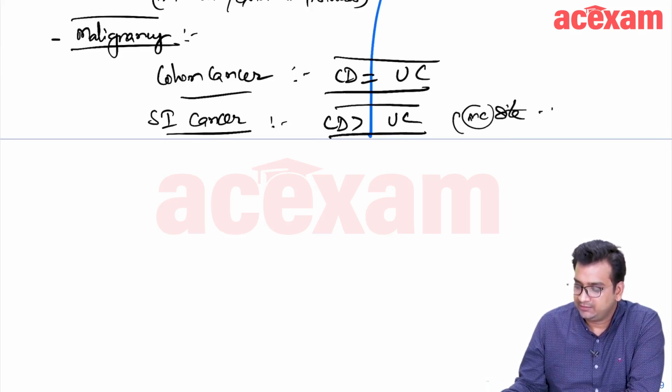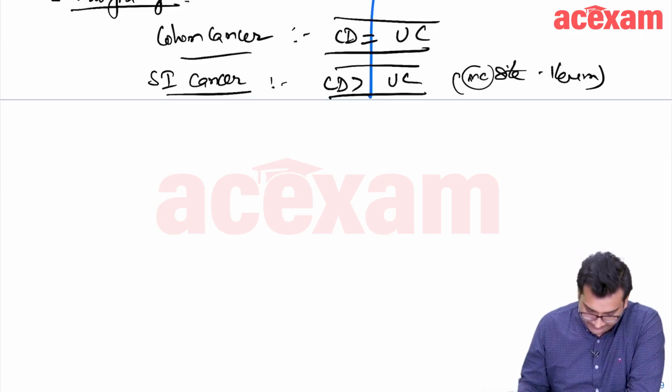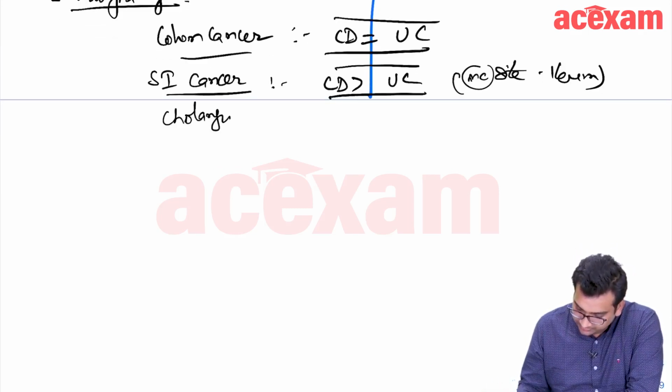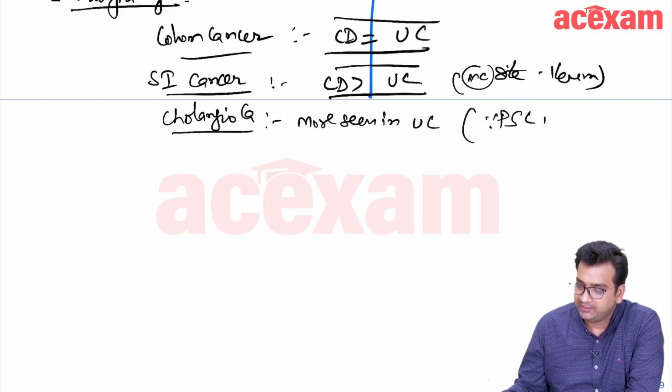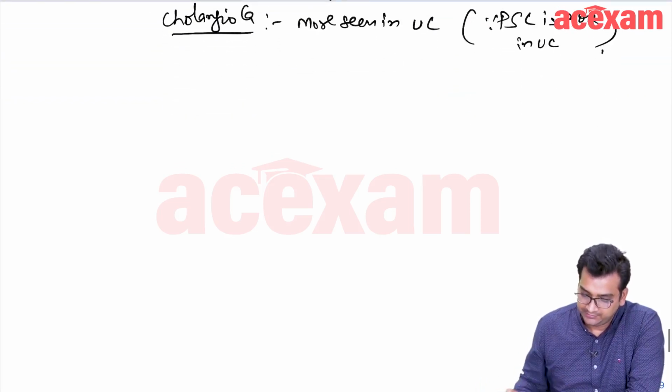The most common site is the ileum. Now, cholangiocarcinoma is more seen in ulcerative colitis. Why? Because primary sclerosing cholangitis is more in ulcerative colitis. This is regarding malignancy.